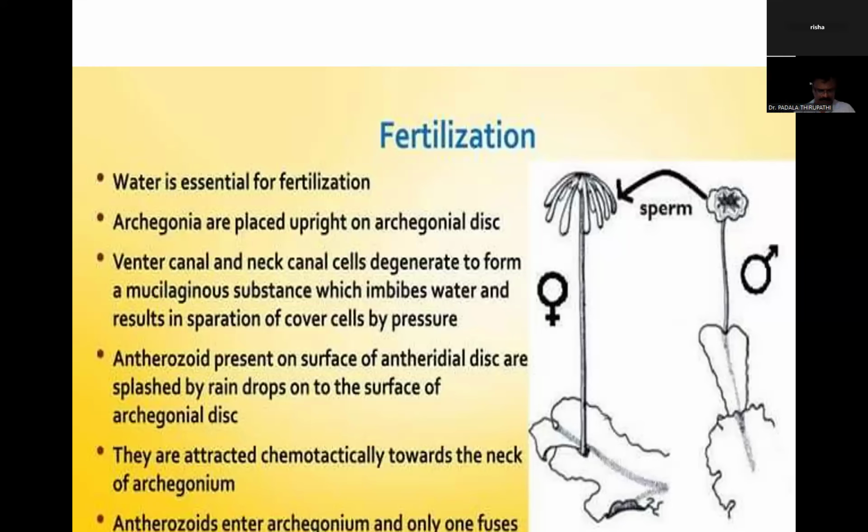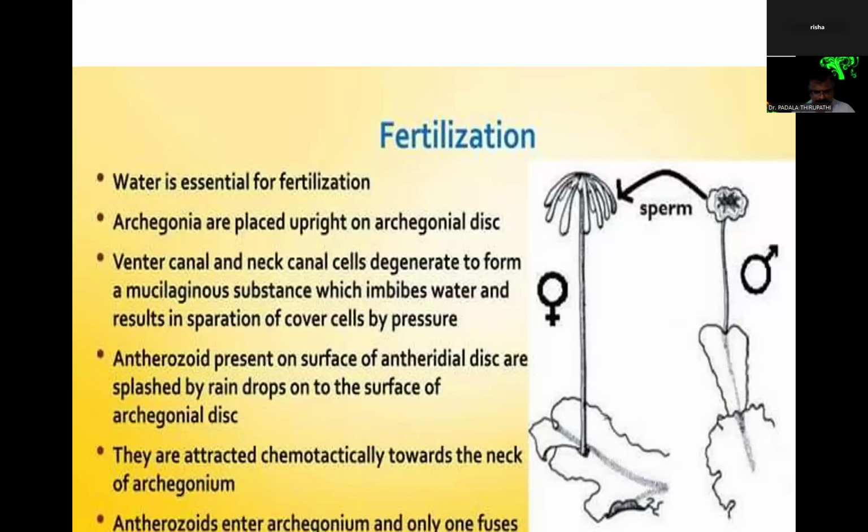Antherozoids present on the surface of the antheridial disc are splashed by raindrops onto the surface of the archegonial disc. They are attracted chemotactically towards the neck of the archegonium. This archegonium, by the disintegration, produces a mucilaginous substance, which will produce some chemicals.